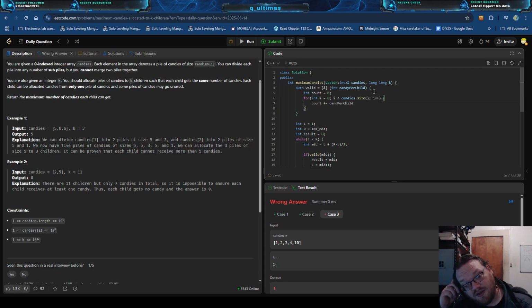So it would be 10 divided by 3. So it's the candies divided by candies per child, which will never be 0 because L is 1 to start.